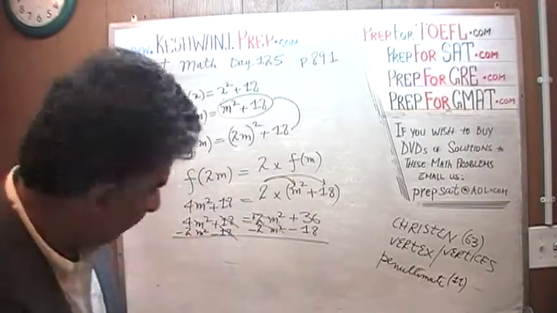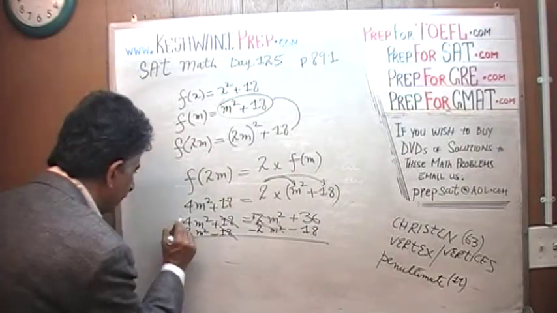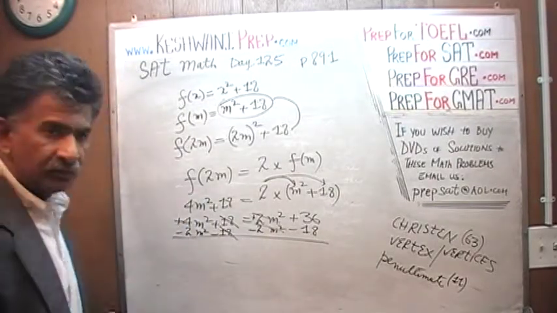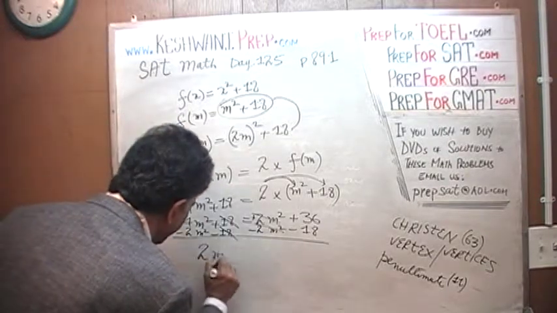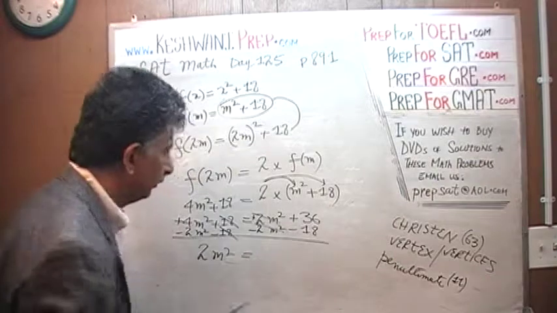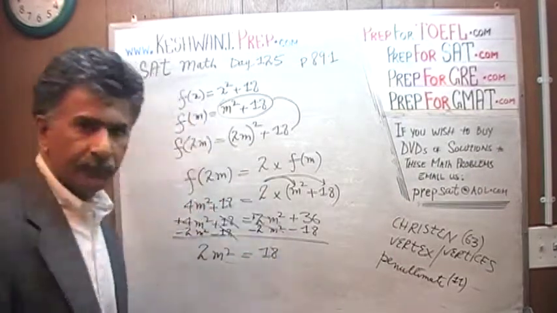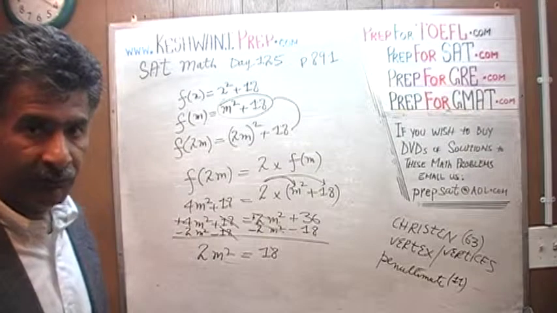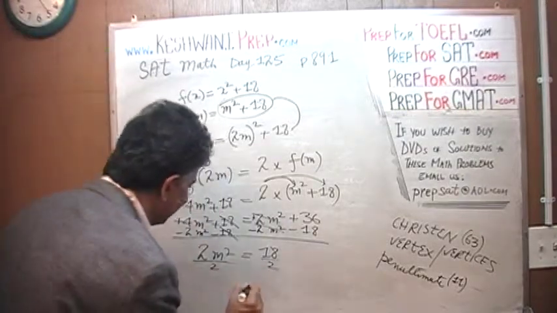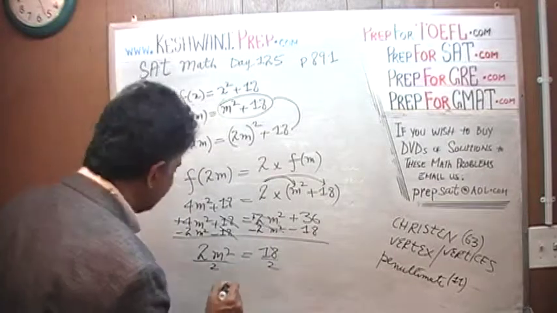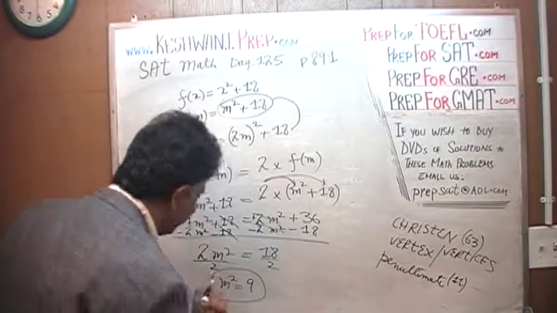And here we end up with 4m squared minus 2m squared, which is 2m squared, equals 36 minus 18, which is 18. We want m by itself because we are interested in finding the value of m. Divide both sides by 2, and it turns out that m squared equals 9.